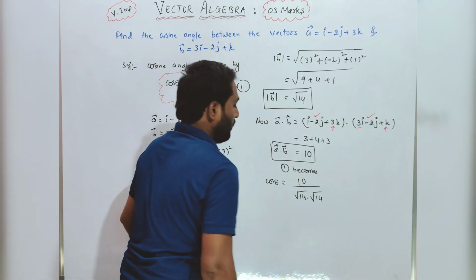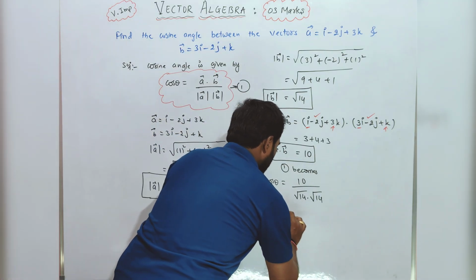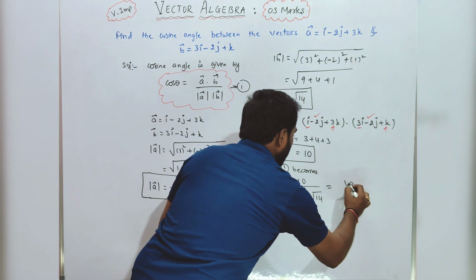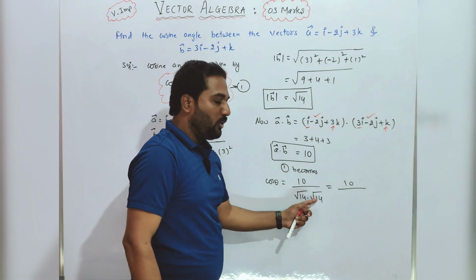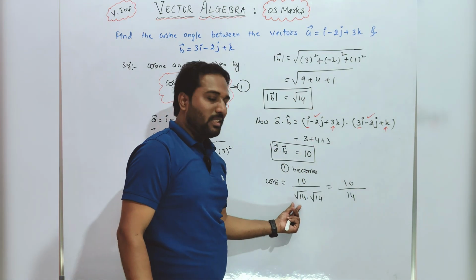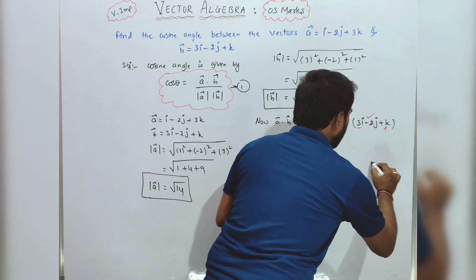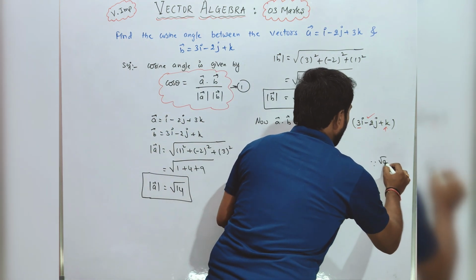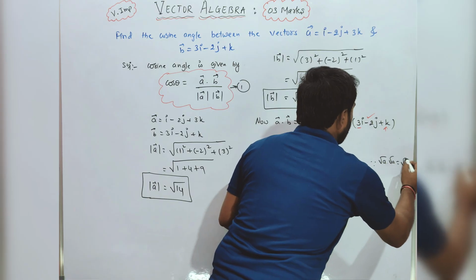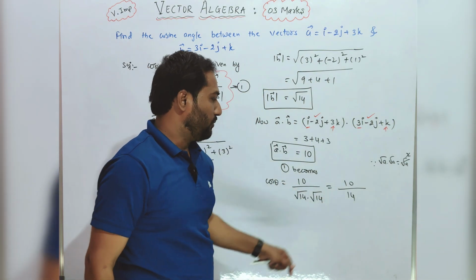So 10 divided by root 14 into root 14, which becomes only 14. Yes, very good. Because this can be written as root 14 whole square. Root a into root a can be written as root a whole square. The square root cancels, it remains a only.